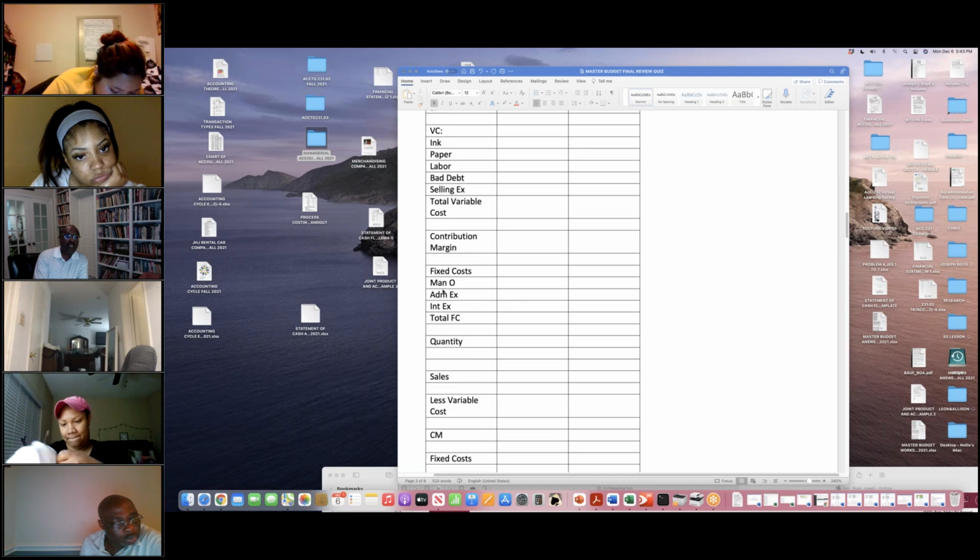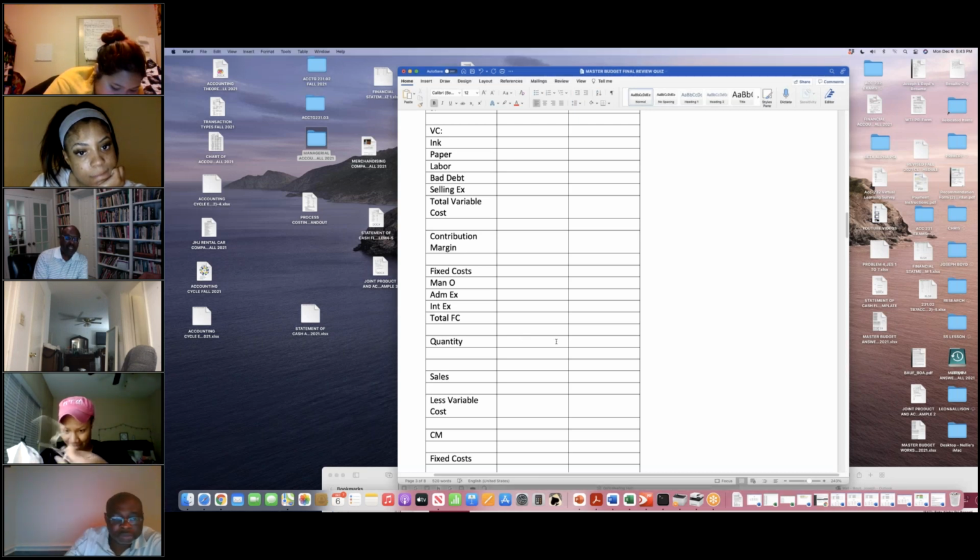Then the fixed costs, and they're quarterly, you add them up to get the annual amounts. And they're always the same: manufacturing overhead, administrative expense, interest expense, fixed cost. And so when we try to get the quantity for break even, we simply do what?